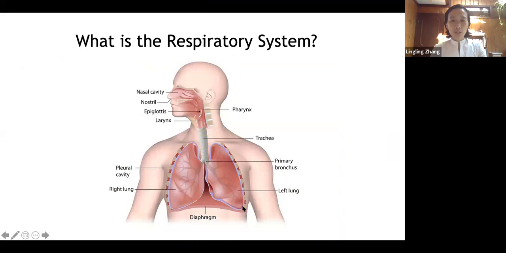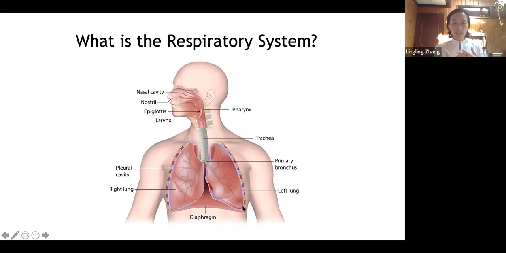Now, let's first look at what the respiratory system is. This is your respiratory system, from your nose to your throat down to your lungs, your two lungs. Those are the main respiratory organs, right? When you inhale, the air that carries oxygen goes through your nose and down your throat and then to your lungs.